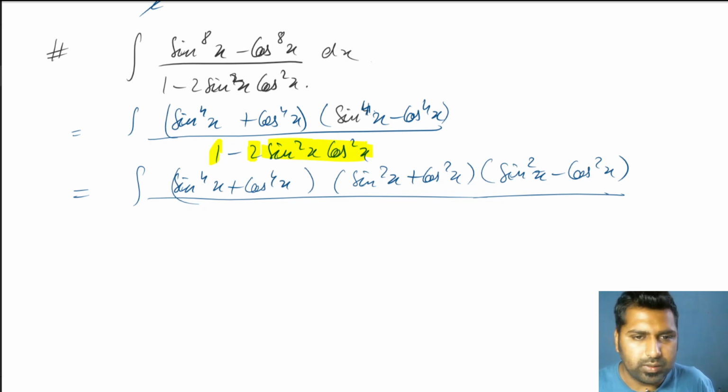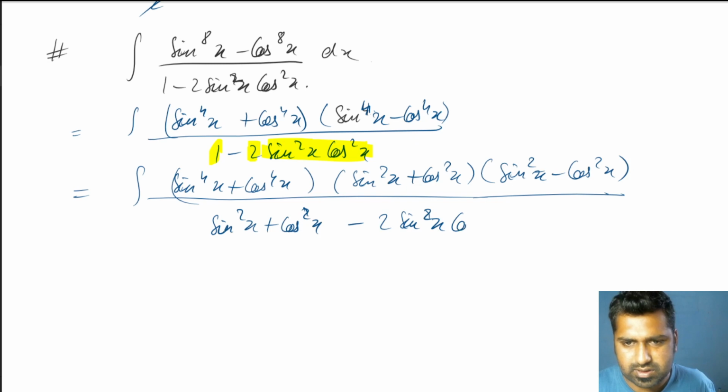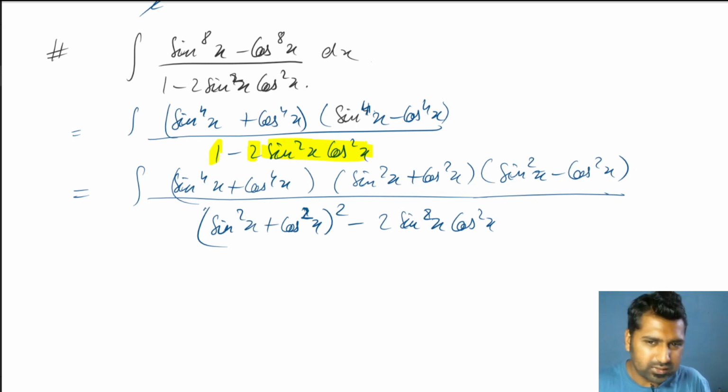I can write this one as sine square x plus cos square x, but that doesn't help. Even if I write it like this, it is not becoming any identity. So instead of writing sine square plus cos square, I can write their whole square also, because sine square plus cos square is 1. So sine square plus cos square whole square is also 1.